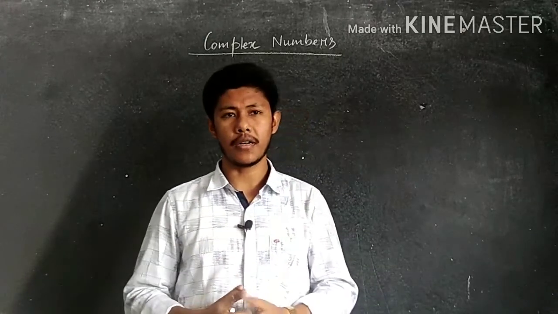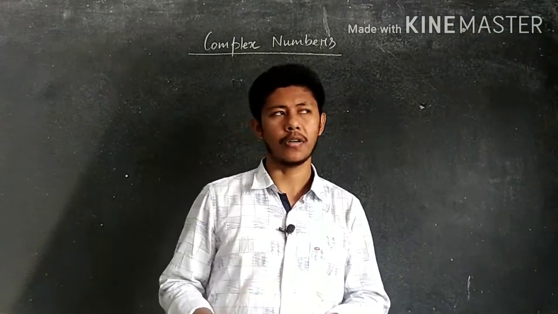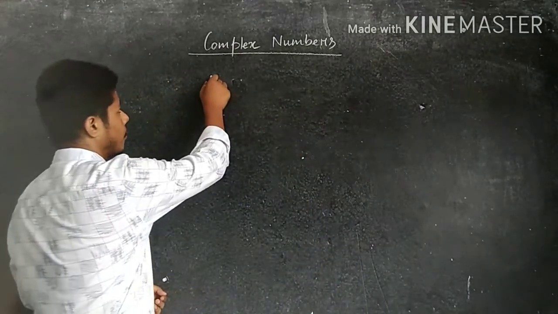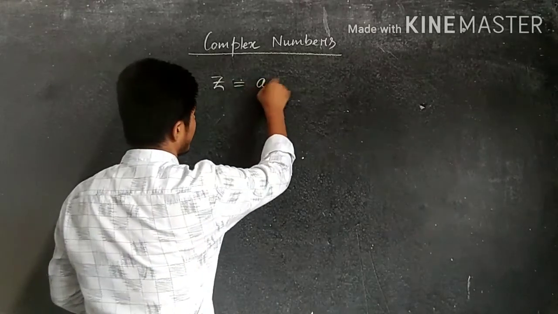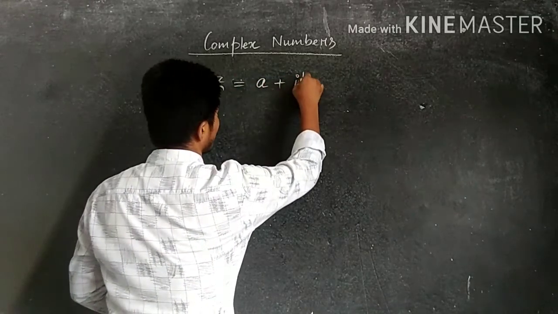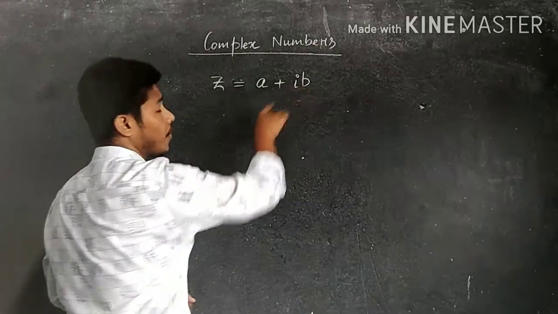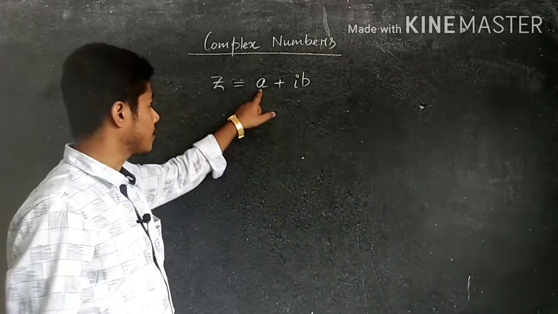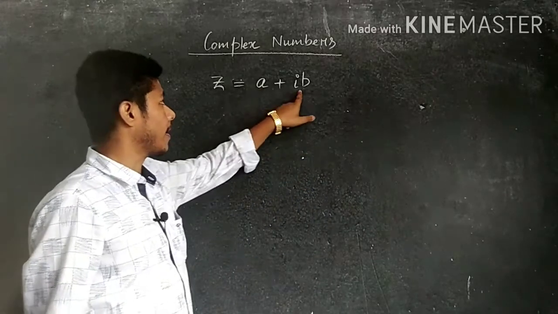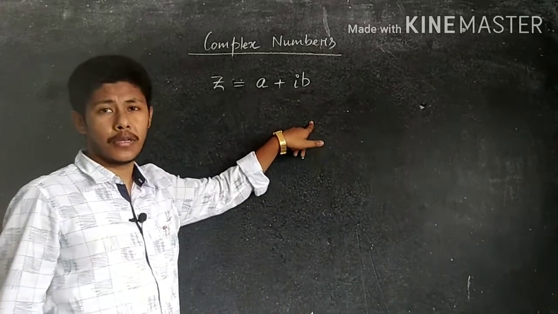In our last class, the complex number was generally denoted by Z, written as a plus ib, where a and b are real numbers. This a is the real part and ib is the imaginary part.